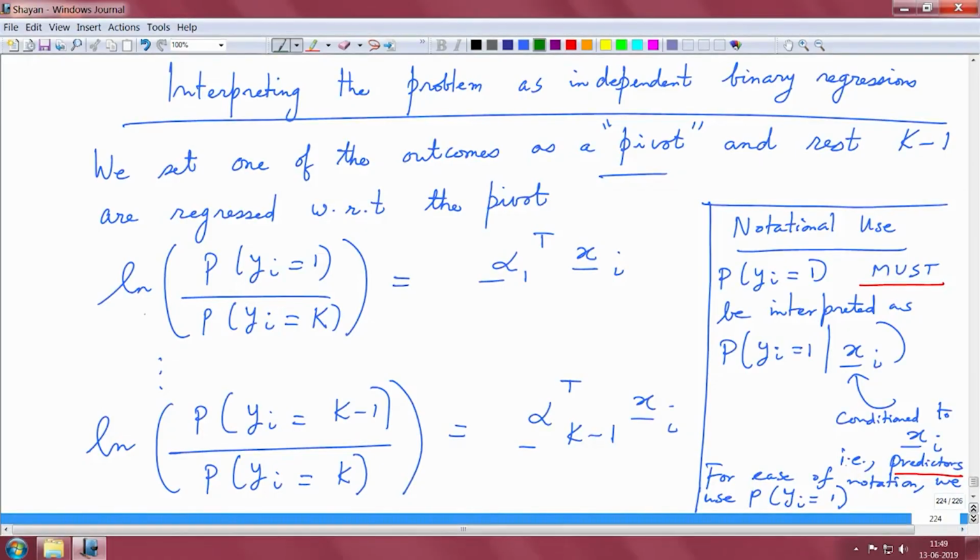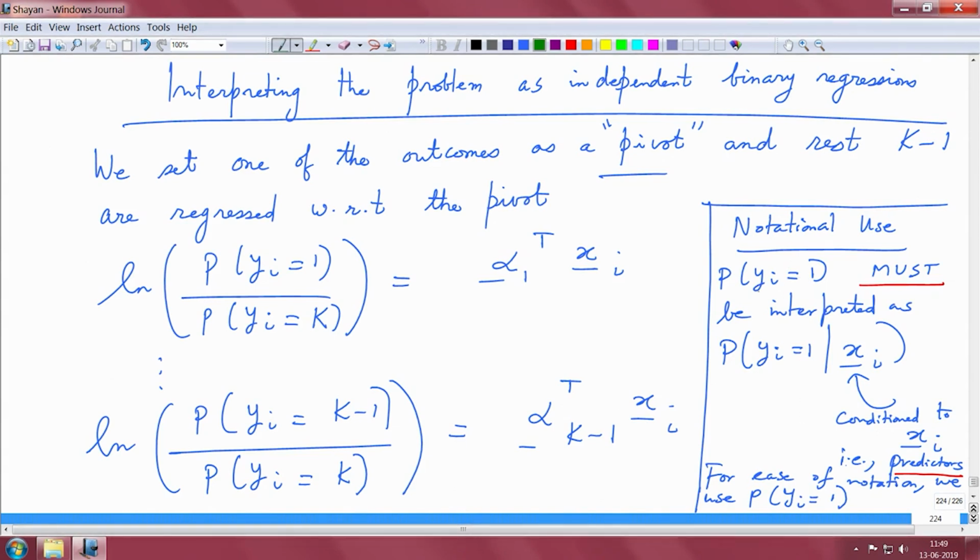Okay. Now, taking the natural log, I have p of yi equal to 1. This is a very important note that I have written here for notational use. I have the outcome to be 1 through k.